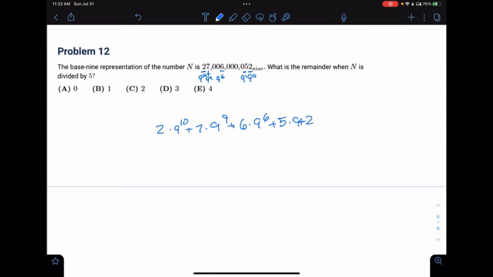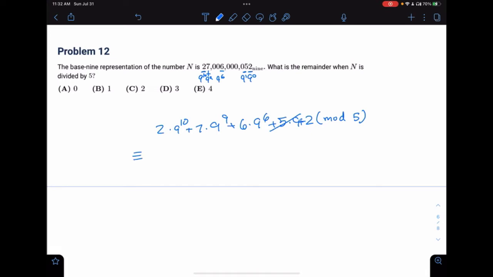So now we need to take this mod 5. If we take this mod 5, we know that 5 times 9 will always be a multiple of 5, so we can just cancel this. And then when we take the powers of 9, 9 is equal to negative 1 mod 5.